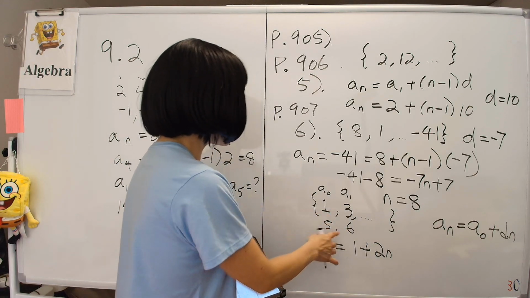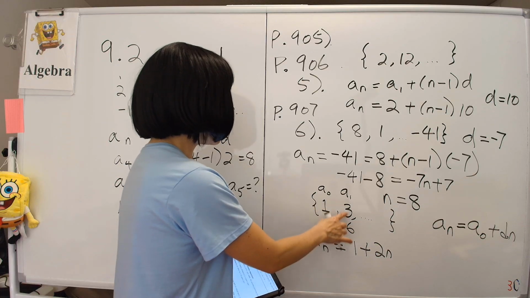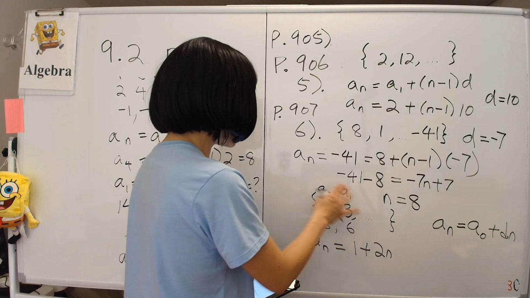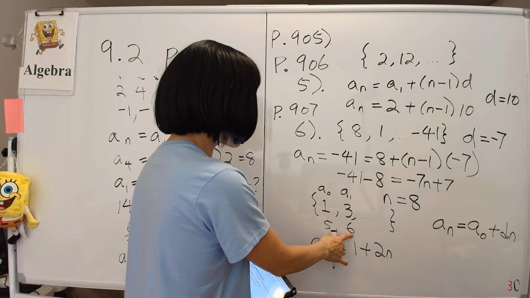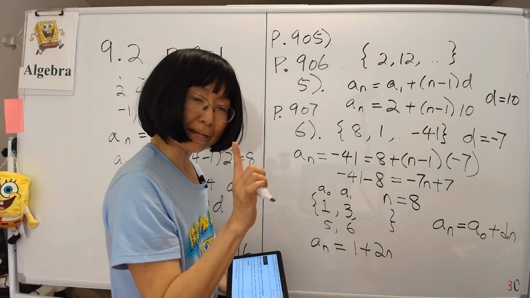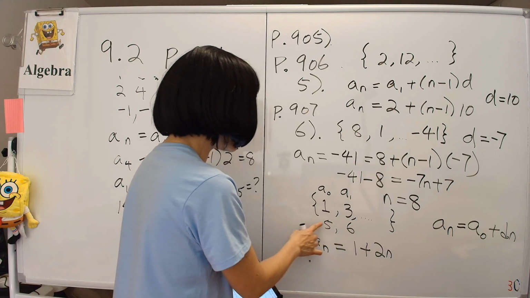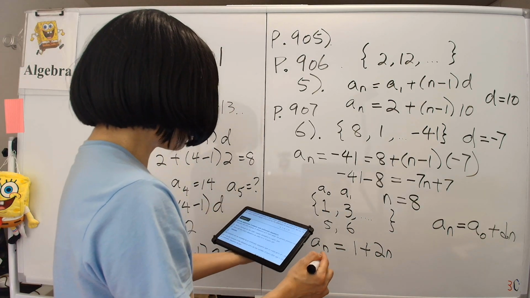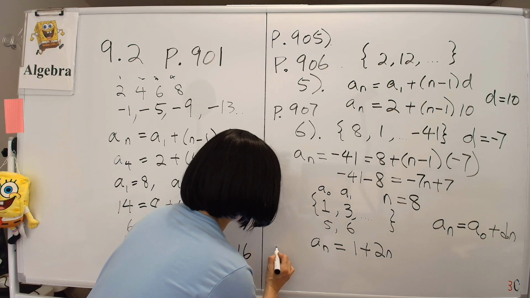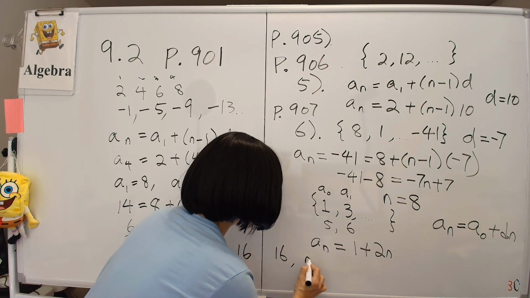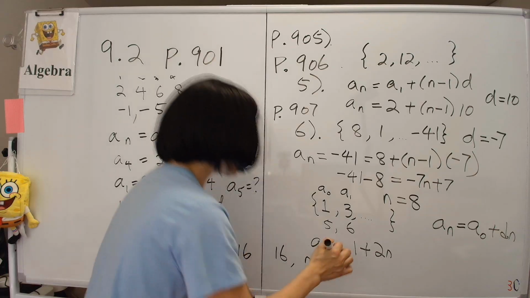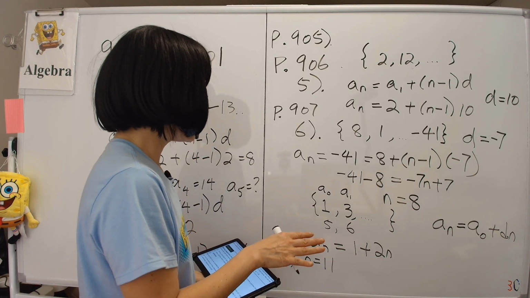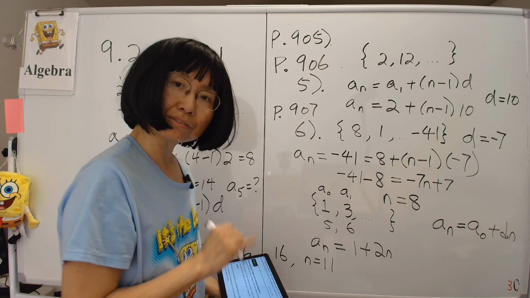So n starts counting in the second spot. For example, when he's 6, then n will be equal to 1, because n is counted as 1 year after 5. So 16 will be 16 minus 5, that will be 11. When he's 16, n equals the 11th year, because that's the 11th year since he began to get his allowance.